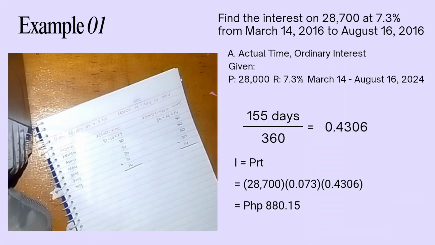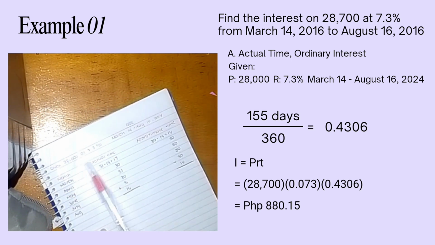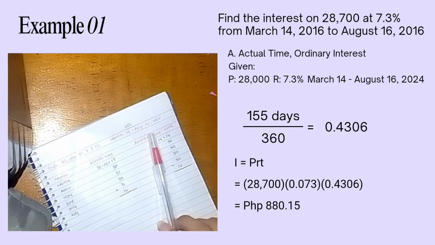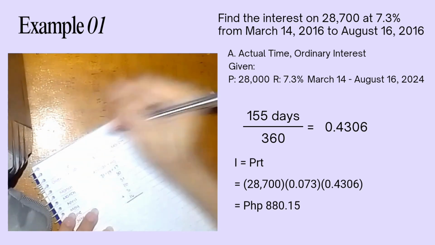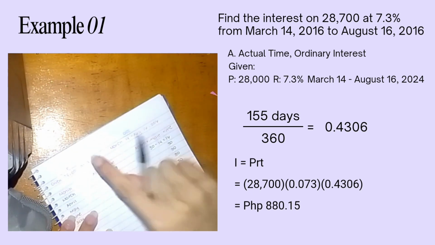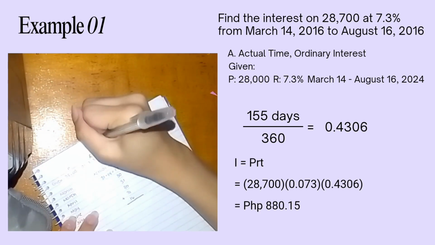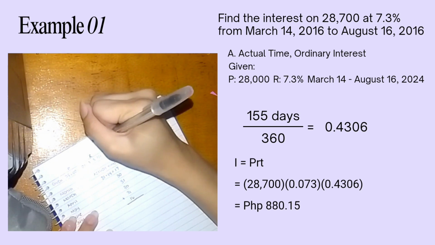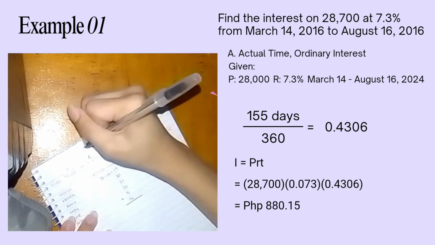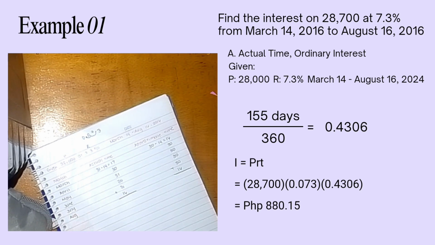For better understanding, here's an example. We are given 28,000 at 7.3% from March 14 to August 16, 2016. So this 28,000 is our principal, and this 7.3 is our rate. We move its decimal two places, so it becomes 0.073.